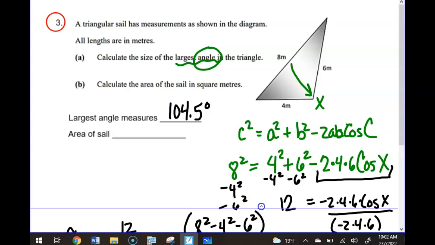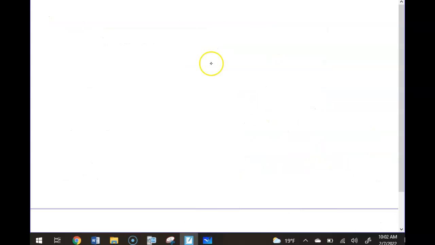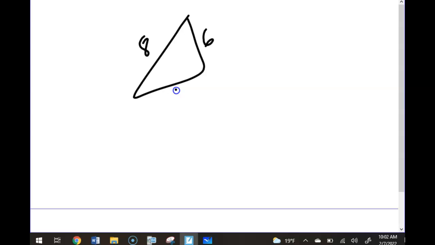Okay. I'm going to stick another page in here. See next page in my notes, just because I don't want to try to write tiny on this screen. If you have sides of 8, 6, and 4, how do you find the area?